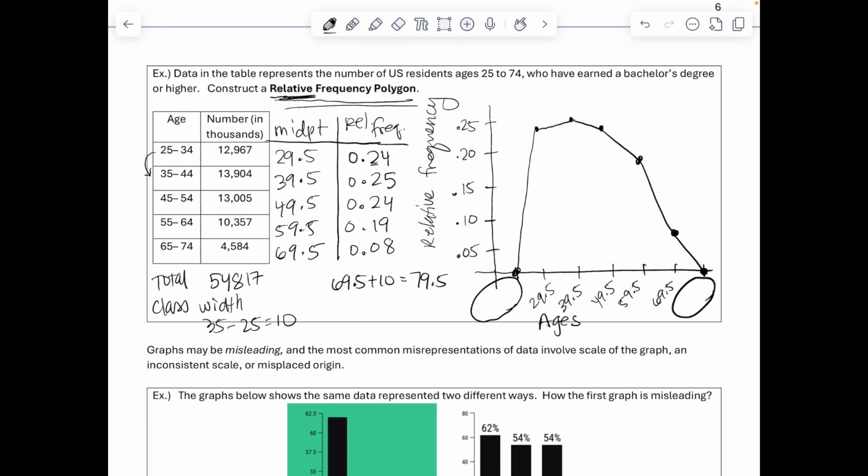And some of you guys just might see the pattern and not even have to do any of the math. And then previous, remember, we're subtracting. So we have 29.5 minus 10, and we get 19.5. So this is the graph of our relative frequency polygon. Again, make sure that you have labeled your axes. In addition, you have also extended the ends of your graph down, included these numbers at the ends.